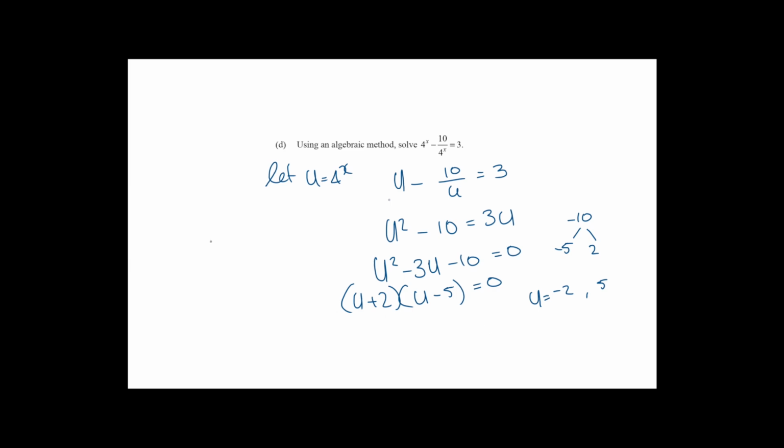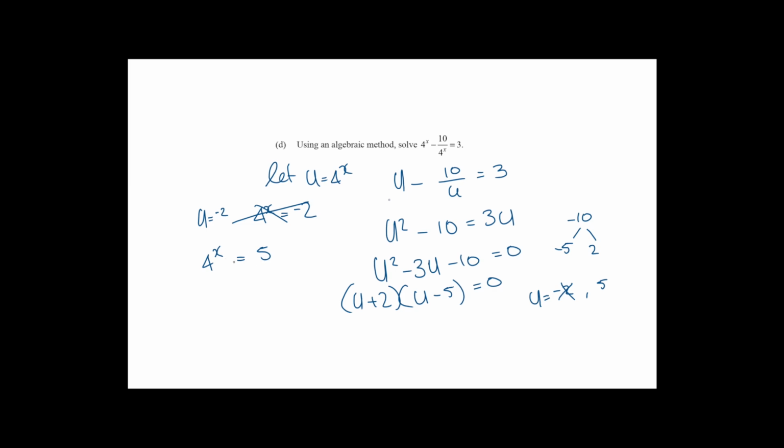Is that going to help us? Let's come up here and let u be equal to negative 2. Is there any number that x could be that would make that negative 2? No, there isn't. So negative 2 is out. Is there some number where that could be equal to 5?